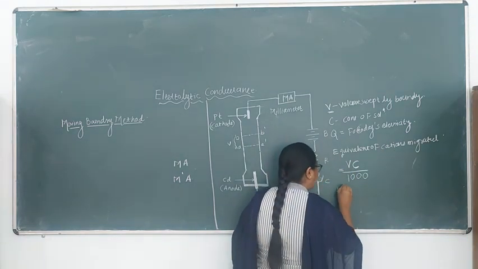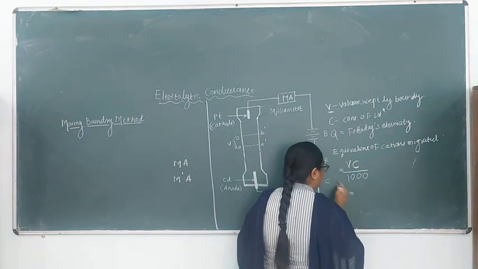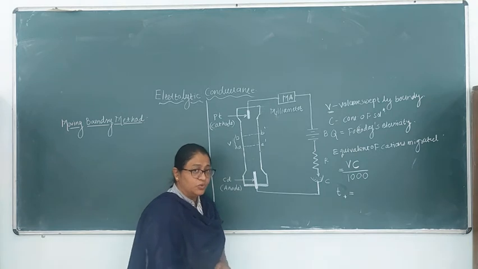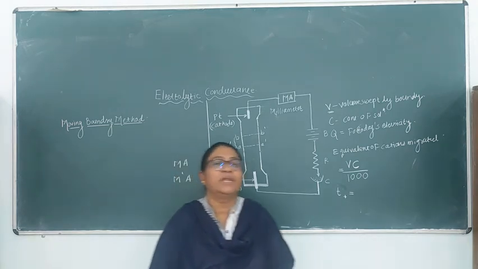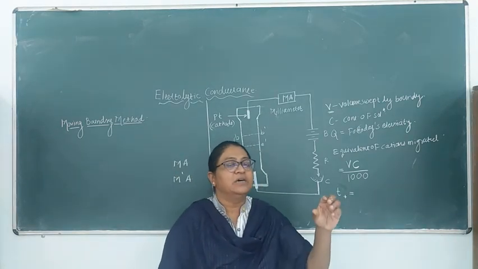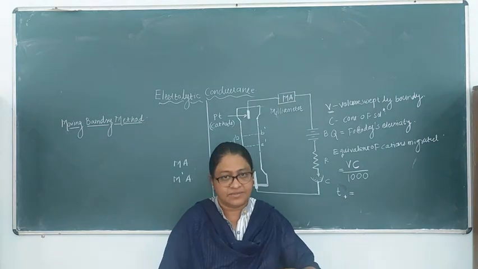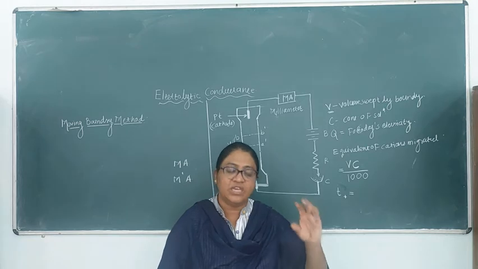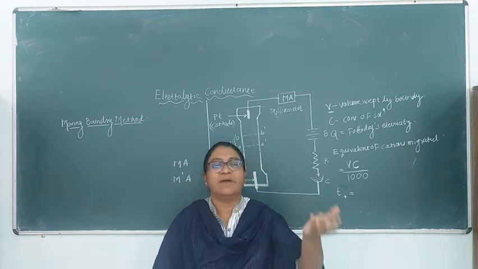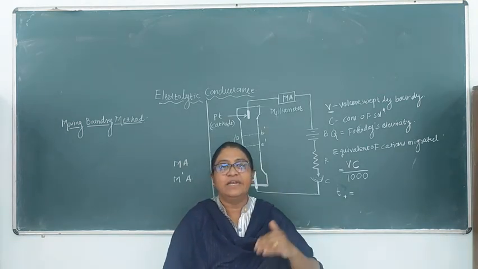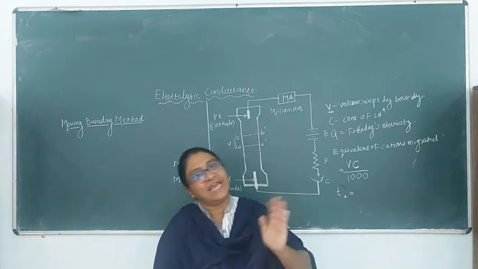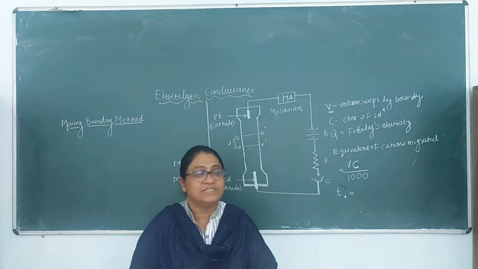Now T plus, the transport number of the cations, how do we calculate it? The number of the cations that have migrated, or the equivalence of the cations migrated, divided by the total equivalence of cations and anions migrated. See, what is T plus?